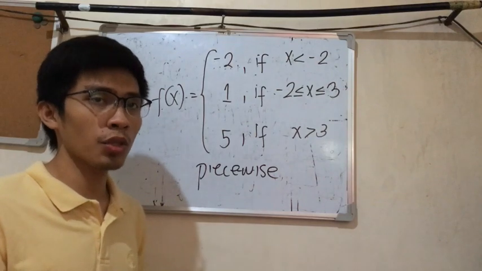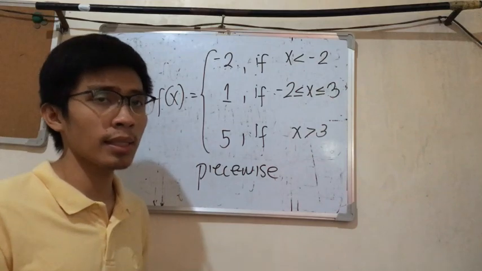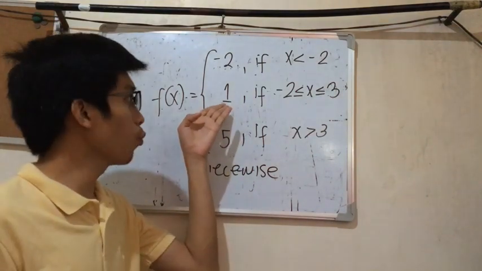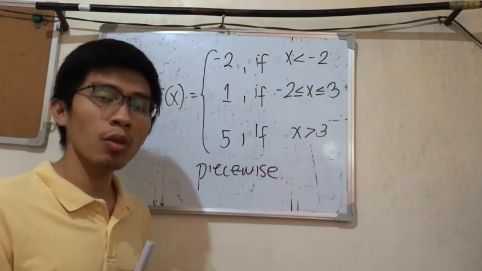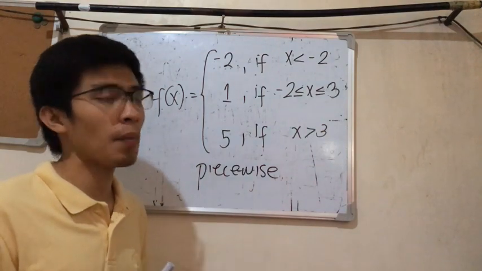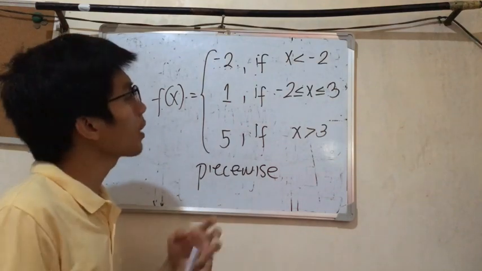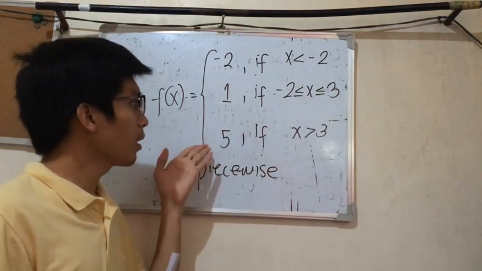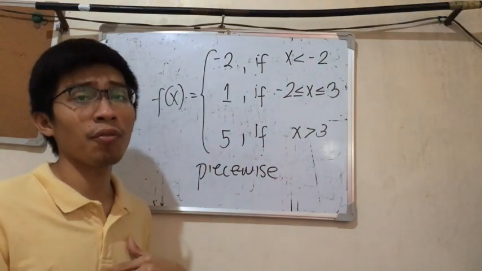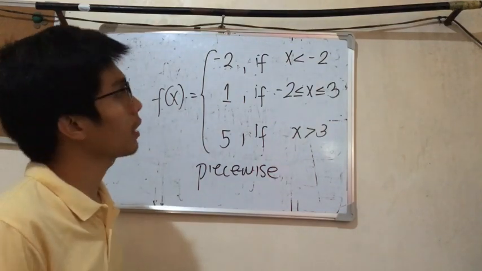It belongs to negative 3, negative 4, negative 5, all x's less than negative 2. And for the second function, 1, it only works between negative 2 and 3 inclusive, meaning negative 2 and 3 belong to 1. And for 5, it only works whenever your x is greater than 3. That is 4, 5, 6, and so on and so forth.